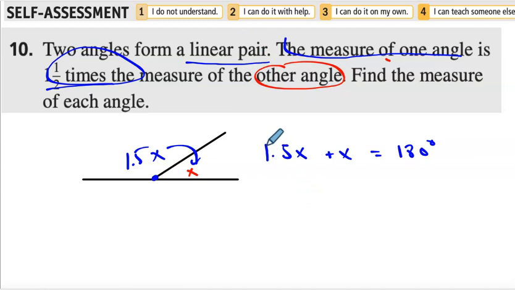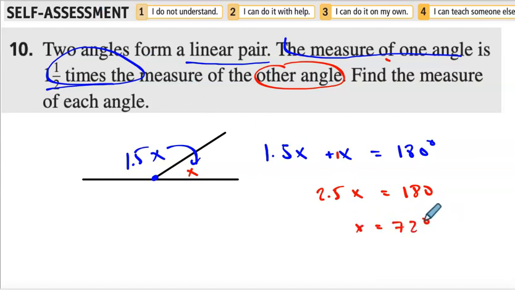And then I'm going to do 1.5 or 1 1/2 plus 1, so I get 2.5x equals 180, and then divide 180 by 2.5, which means that x is going to equal 72.